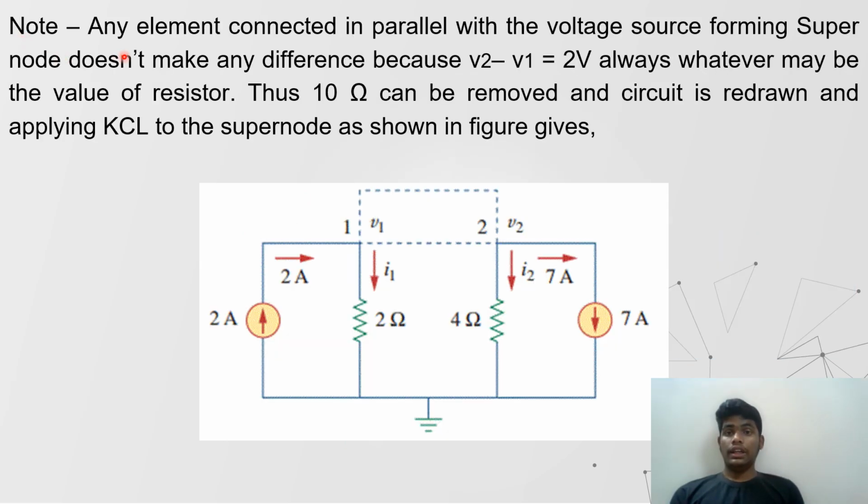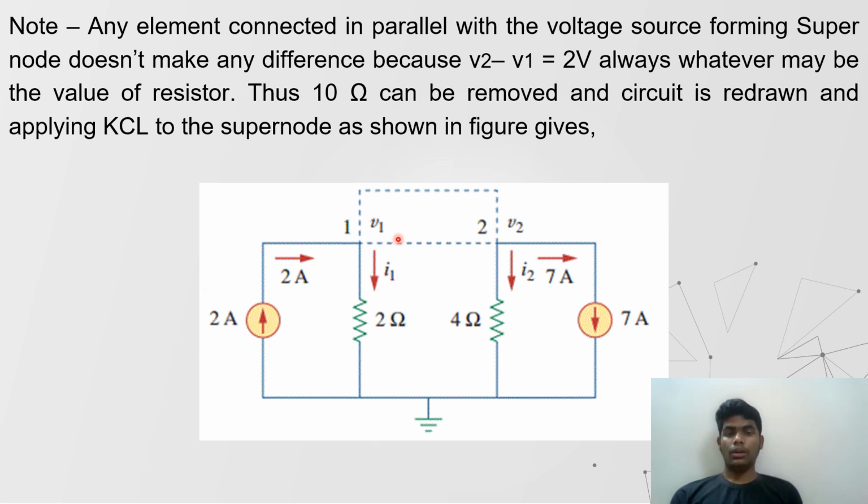Note: any element connected in parallel with the voltage source forming the supernode does not make any difference, because v2 minus v1 is equal to 2 volts always, whatever may be the value of the resistor. Thus the 10 ohm resistor can be removed, the circuit is redrawn, and KCL is applied to the supernode as shown in the figure below.